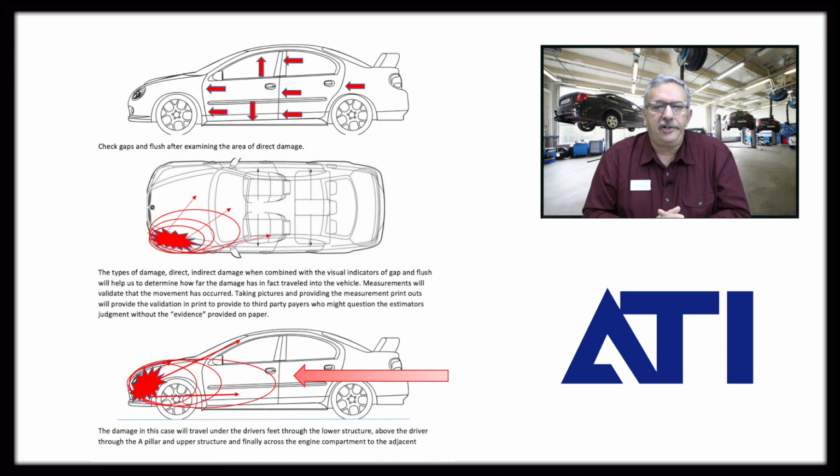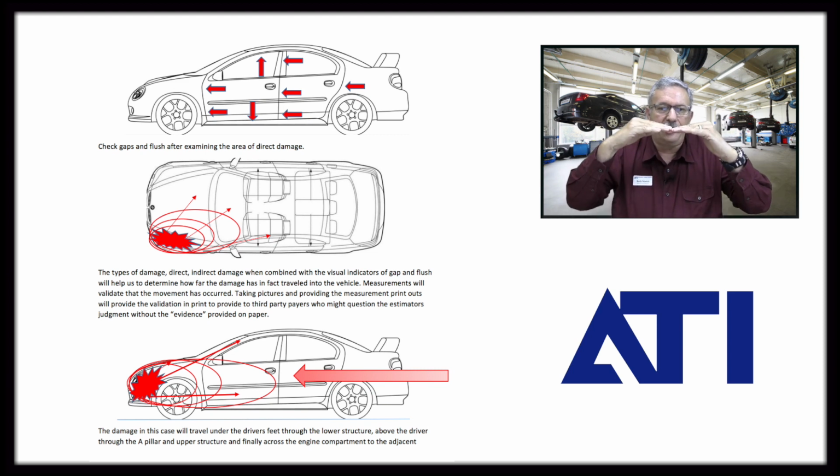This next illustration is an important one. So we're looking at this Neon, and what I wanted to show you in this illustration is the gap and flush that you would check if I have a front end impact, as is illustrated in the second illustration. I want to check all of those gaps to see, if there was deflection in the vehicle, what actually happened.